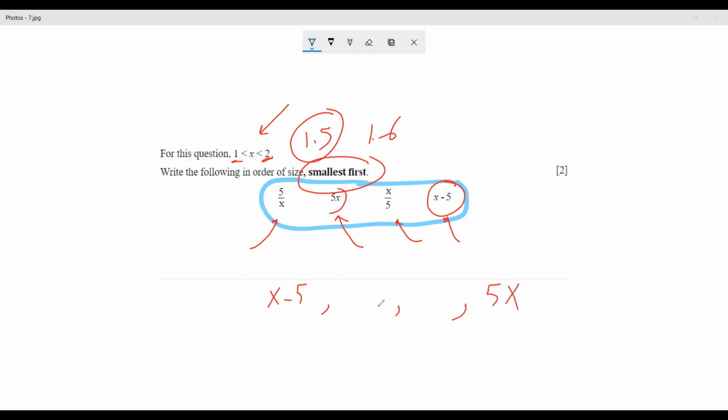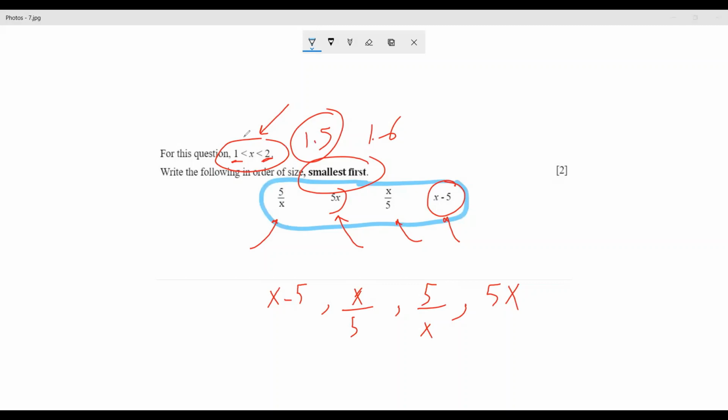Now between 5/X and X/5, if you use this assumption, the technique that I just told you guys, then here and X/5, yeah. Okay, so you can always do that. You're allowed to just assume X to be a number and immediately you find the answers.